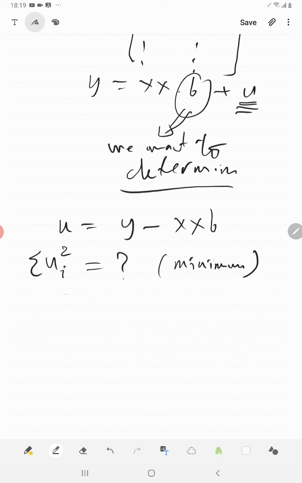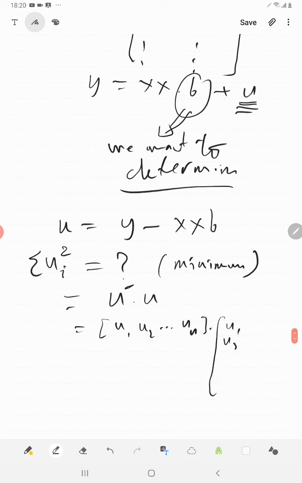This sum is equal to U as a vector transposed times U, which is U1, U2, till Un times U1, U2, till Un. The sum of Ui squared is U transpose times U, okay? It will give you the sum of the sequence.